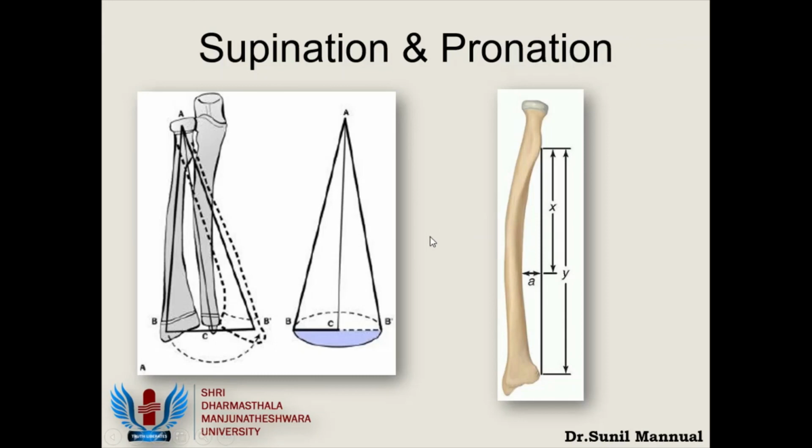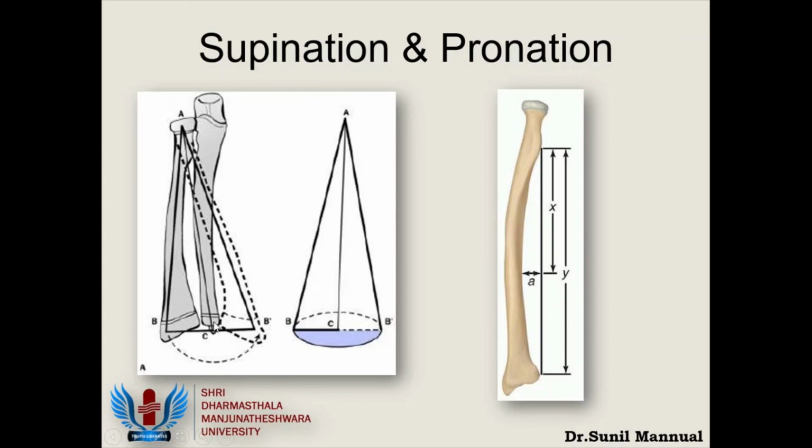Therefore, whenever you have an injury of the superior radioulnar joint, or an injury of the inferior radioulnar joint, or an injury of the interosseous membrane, or an injury of the radius and ulna in terms of fractures, there is a good chance the patient will not have the normal supination and pronation that the patient had.